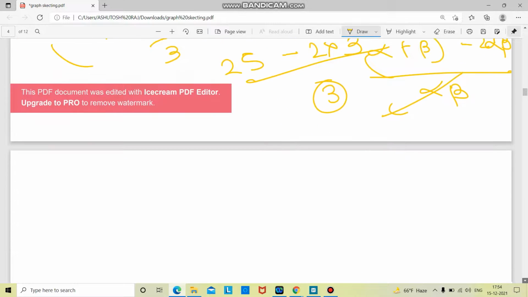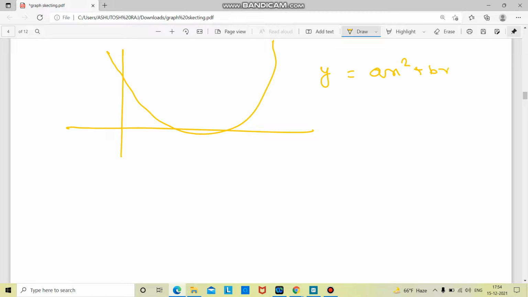Now we will discuss some more questions of graph and quadratic equation. We are given the graph of a quadratic equation, something like this, just similar to what I have drawn earlier. This is y is equal to ax square plus bx plus c.